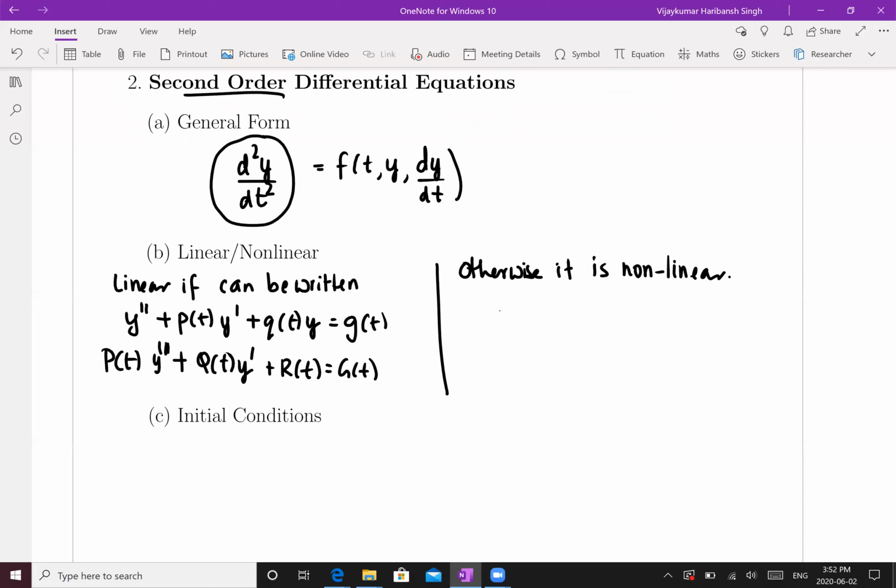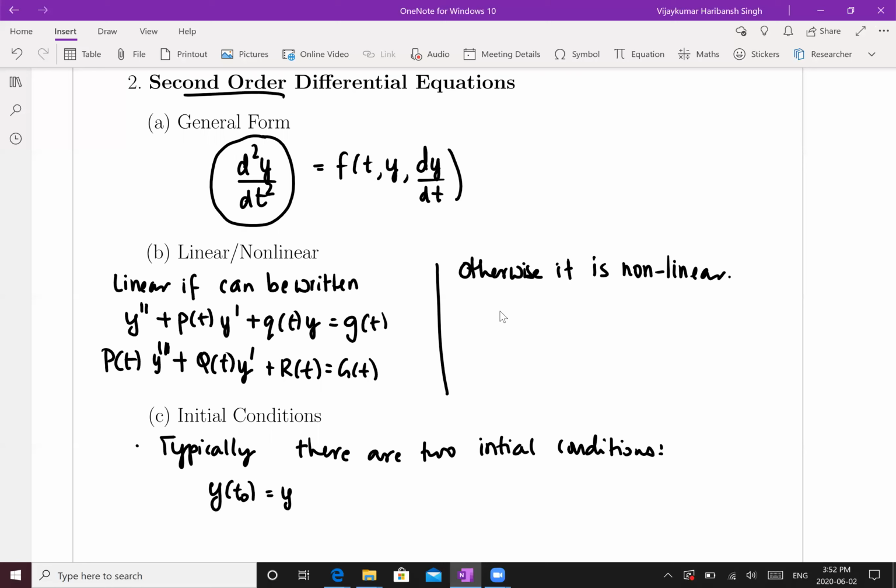Okay. Now, typically when you have a second order differential equation, you are to find the unique solution. Typically there are two initial values or initial conditions given, namely y of t0 is some value y naught and y prime of t0 is some other value.